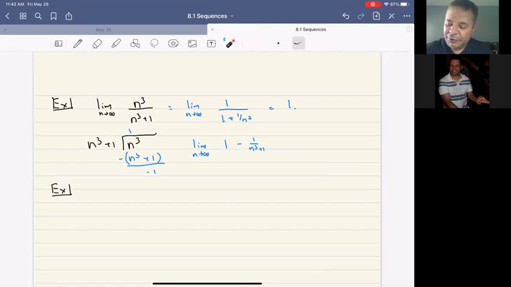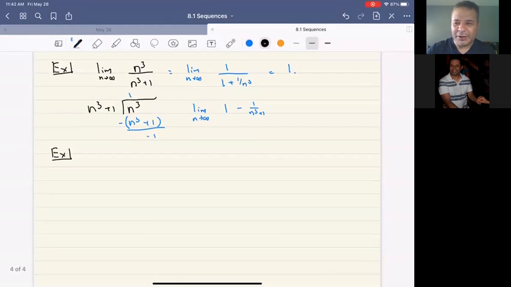And if you know epsilon, you would make this less than epsilon, and that's how you would find the appropriate n. Just in case you were looking at that problem. I don't know why you would be looking at that problem though.